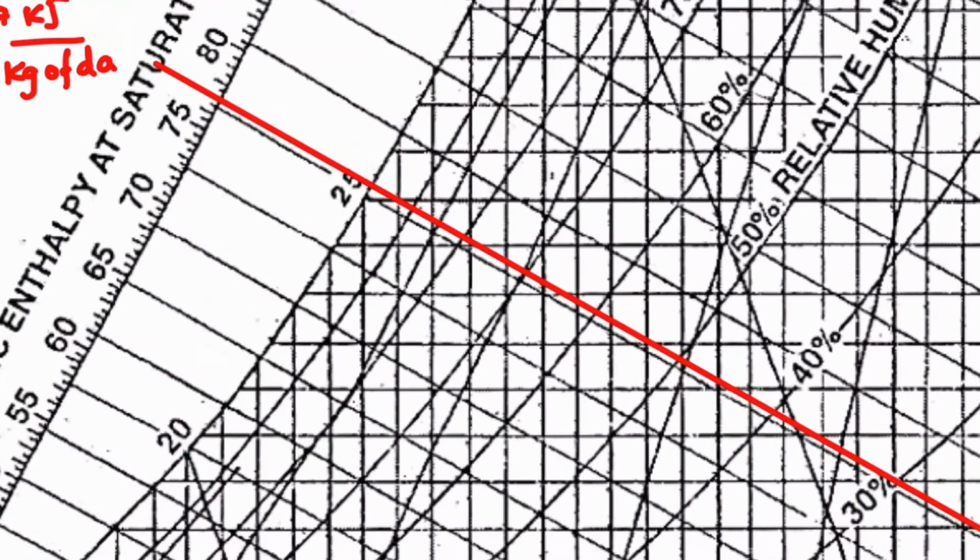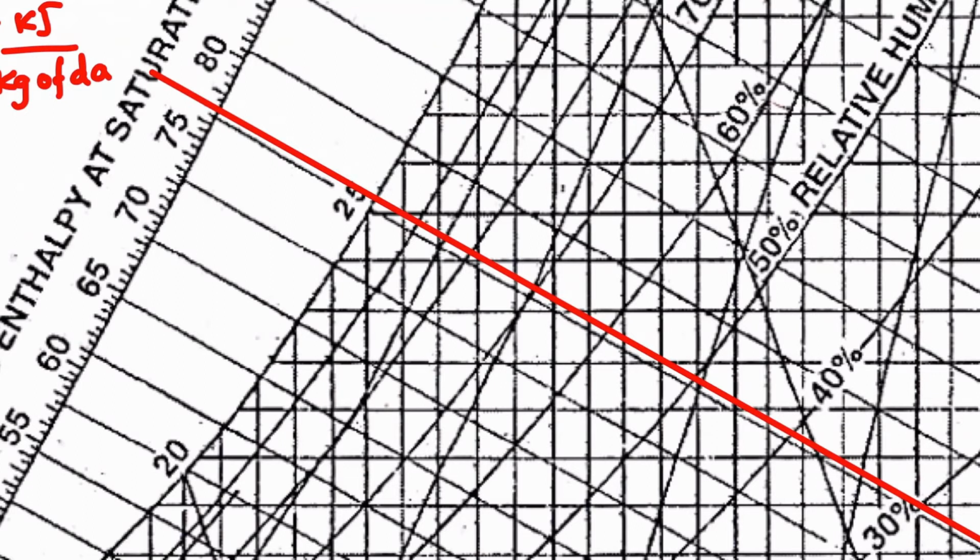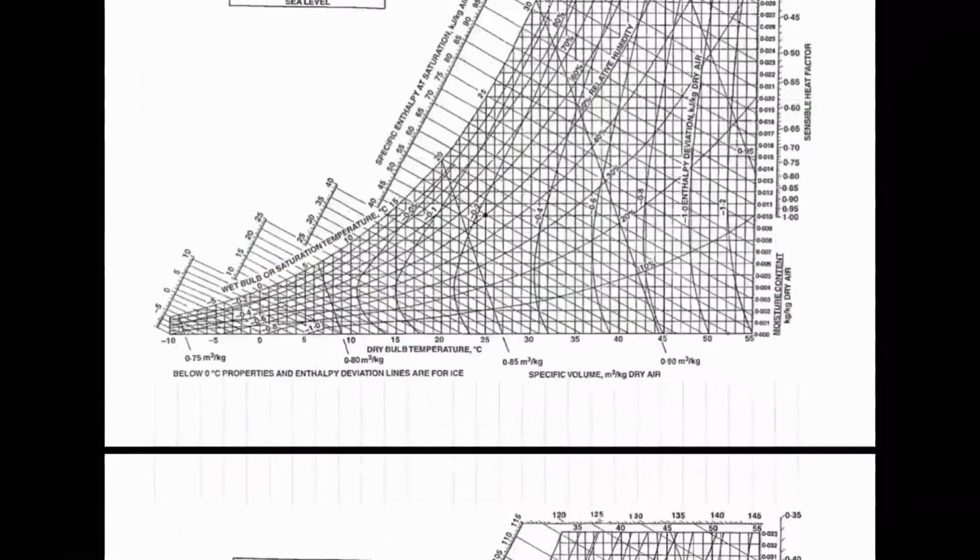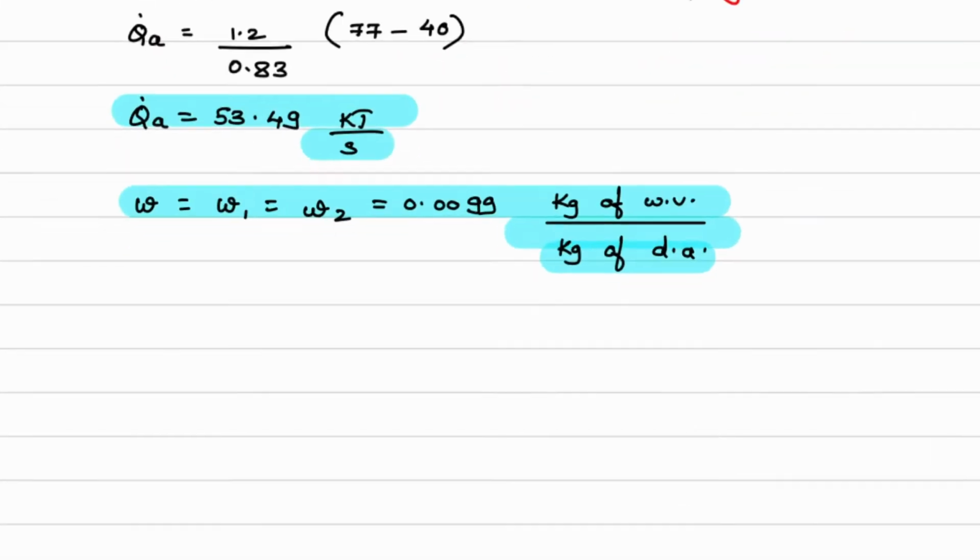Just zoom into this part and see this. This is 25 and this wet bulb temperature line will be 26. So approximately, if you see this point, it is 25.1, you can consider 25.2 as well. I am writing that value as 25.1. So the answers we have to read from the psychrometric chart.